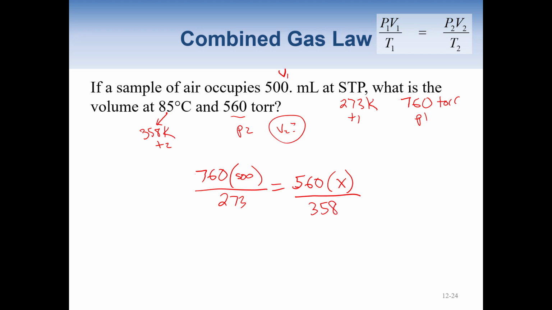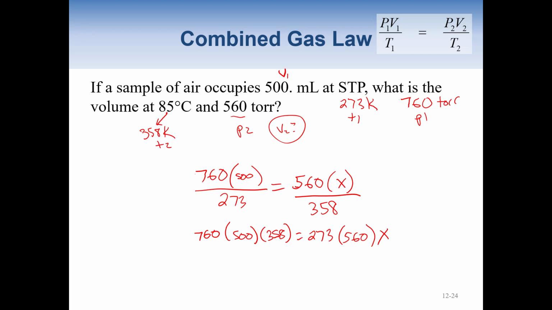Now what we're going to do here is cross multiply. So we're going to do 760 times 500 times 358 and set that equal to 273 times 560 times X.